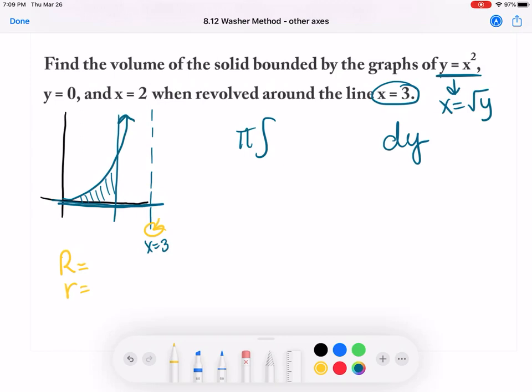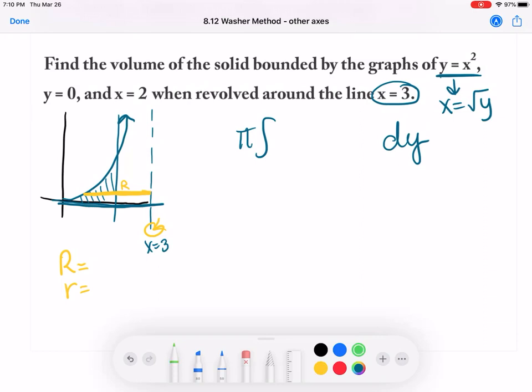Big radius, friends, big radius always goes from axis of rotation out to the farthest away function. This is where we find big R in this example. Okay, right there in yellow, that is our big radius, from axis of rotation to the farthest away function. How are we going to write that as an equation?